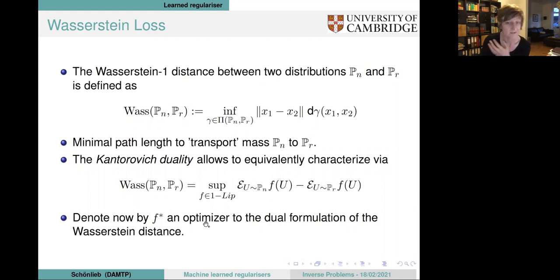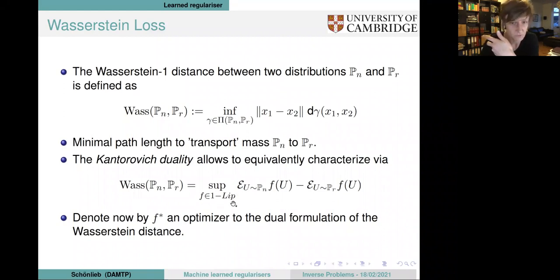And then the optimal one should basically be my regularizer. Now, neural networks come in a couple of slides later. This is why I'm briefly saying it now. Neural networks come in, in order to make this accessible, to have a parameterization for these one Lipschitz functions.